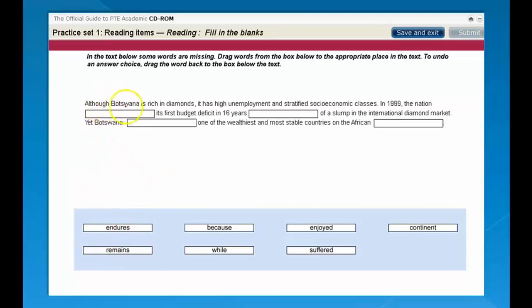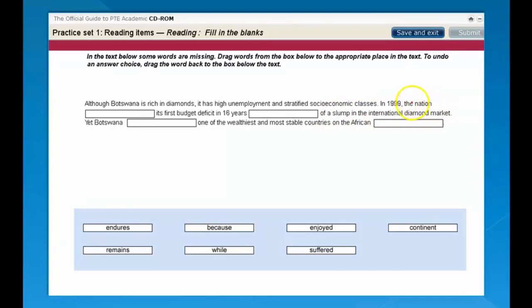So, although Botswana is rich in diamonds, it has high unemployment and stratified socioeconomic classes. In 1999, the nation, blank, its first budget deficit in 16 years, blank, of a slump in the international diamond market. Logically speaking, if there's a slump in the international diamond market, that would mean that there's less money.